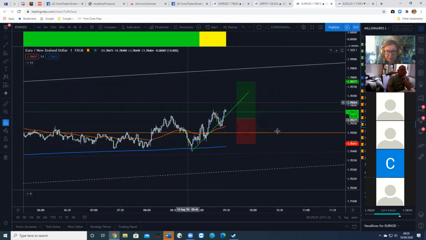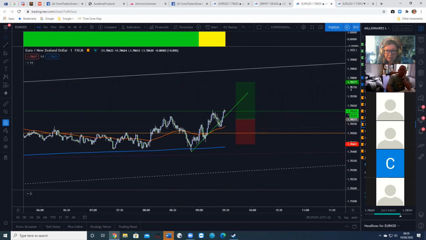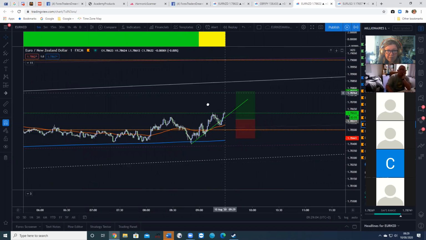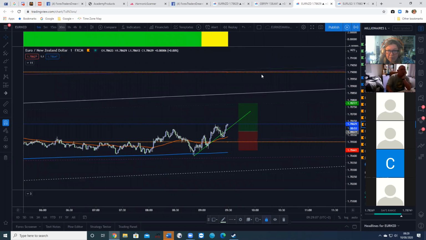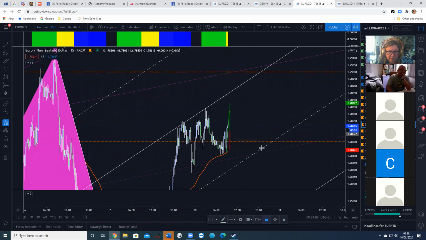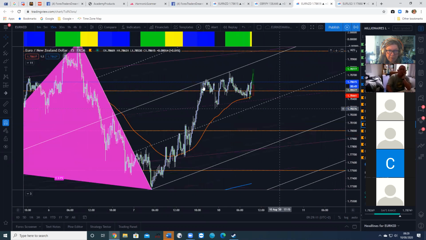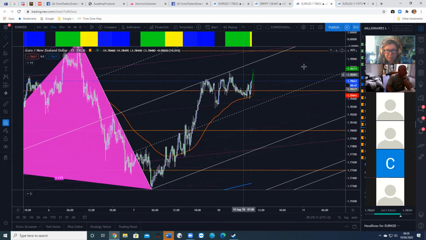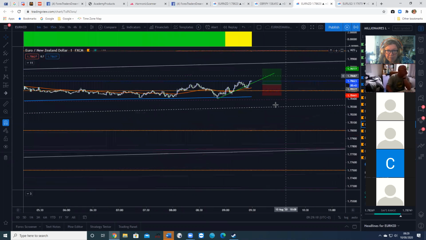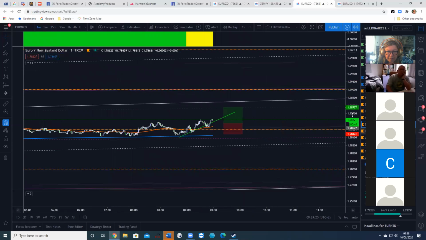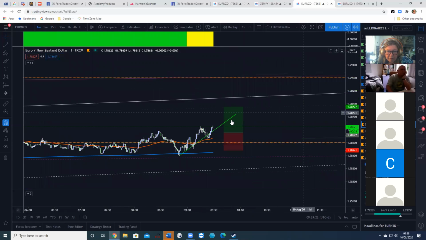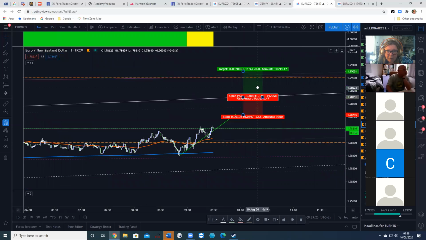So what we're waiting for, let me just see, has it reached the median? I can't remember what I was looking at. Oh, it's just reached the median, so we can do buys or sells now. That's our next level up to here.